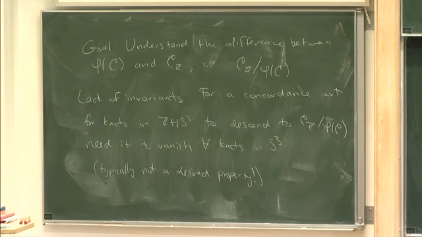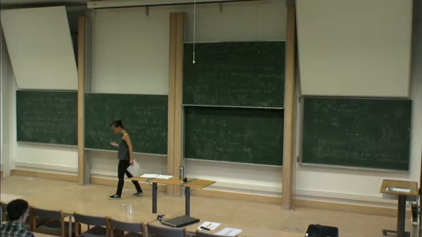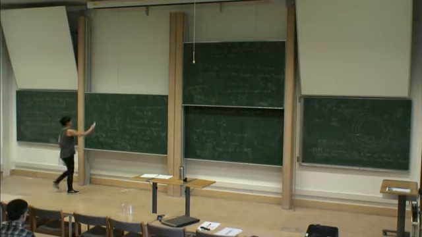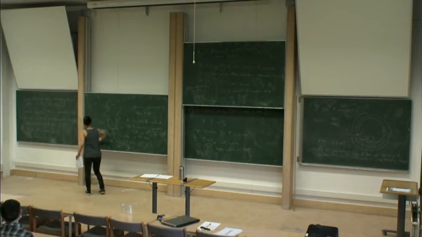Nevertheless, we're able to say something about this quotient. In particular, we're able to say this quotient is infinite. It contains a copy of the integers as a subgroup. So that's the theorem I want to tell you about today.